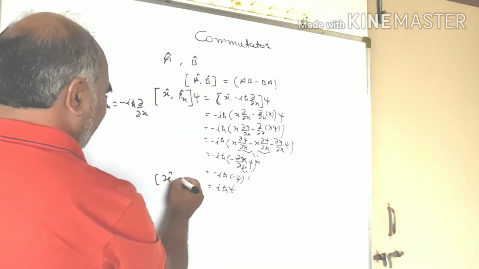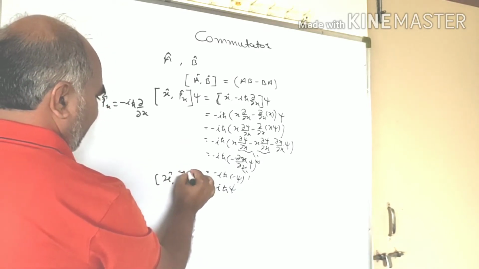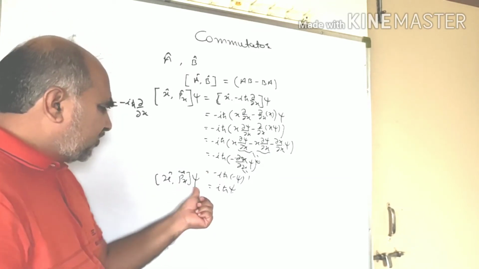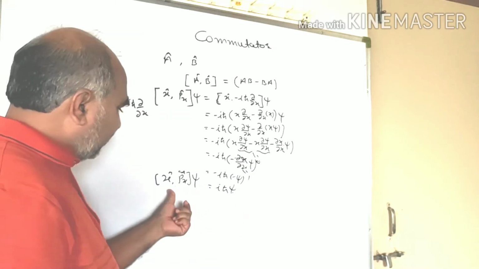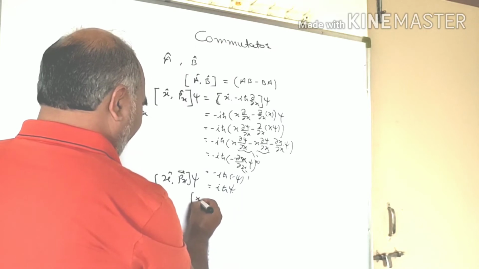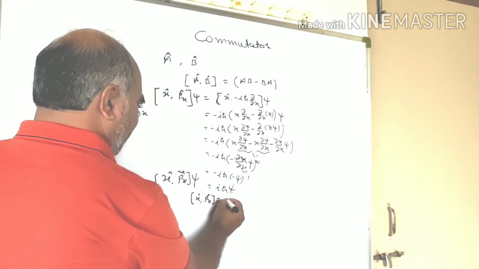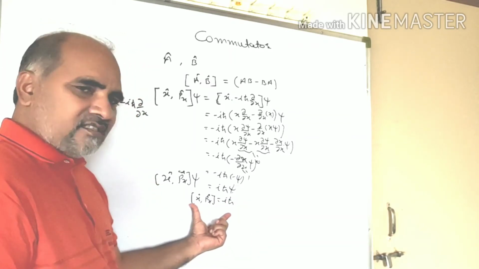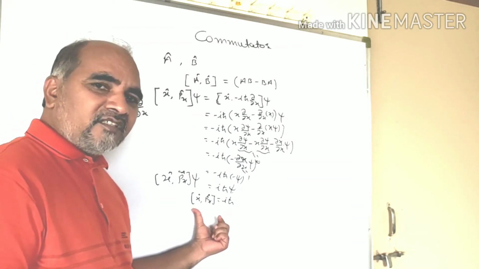So that is the operator [x, px] operating on ψ. So the commutator operates on ψ and gives iℏψ, and therefore the value of this commutator [x, px] is equal to iℏ. So this is the value of this commutator.